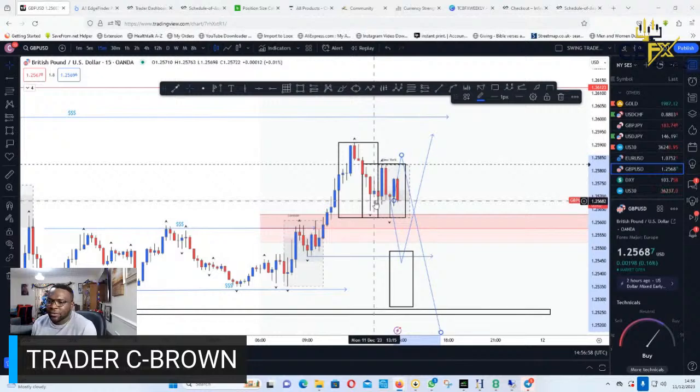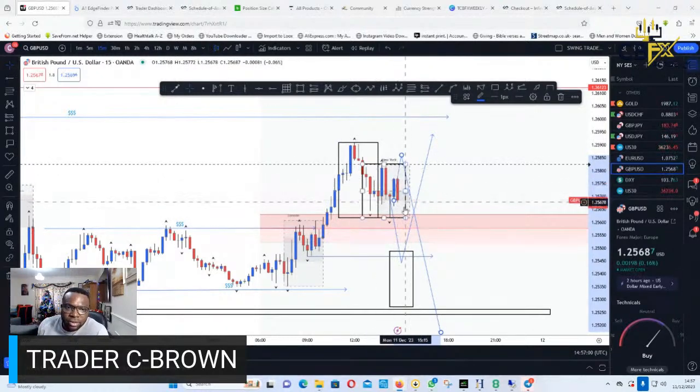So we're waiting for price to take out liquidity, but right now it's not doing it. That means we are in a range, a 15-minute consolidation, waiting for price to take out liquidity.